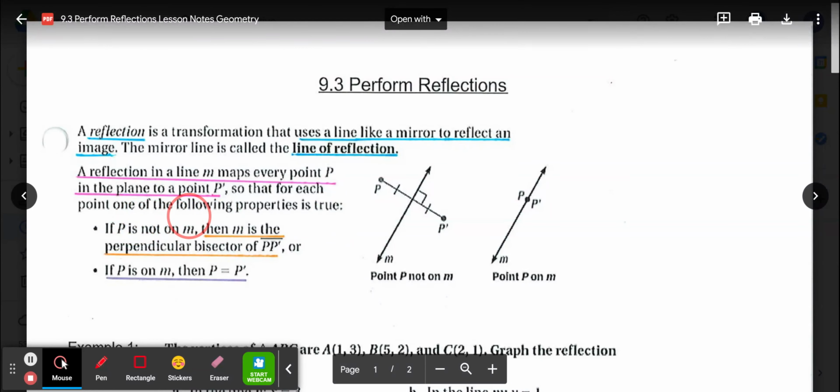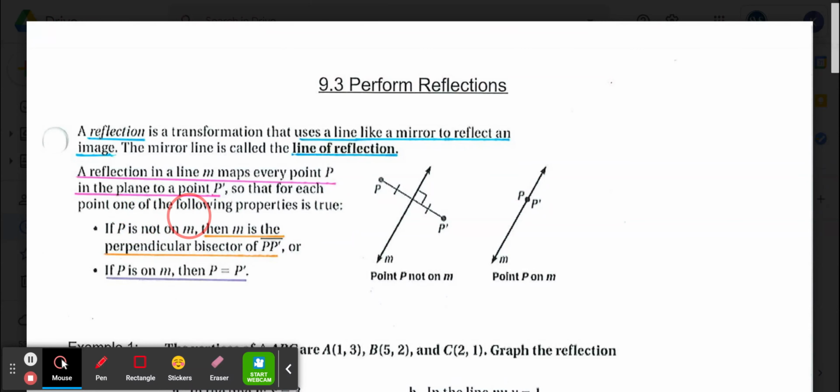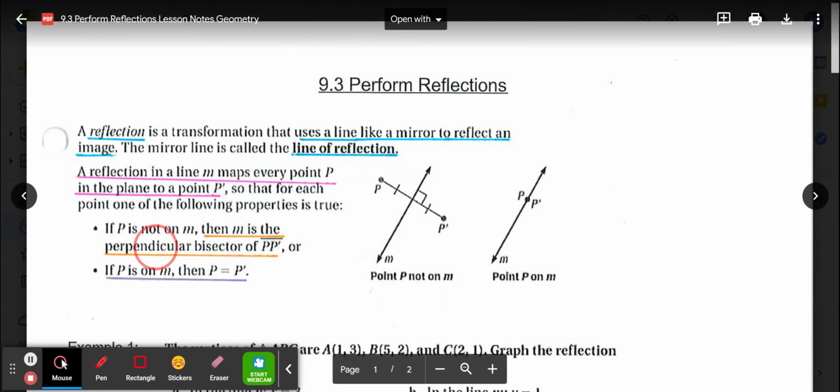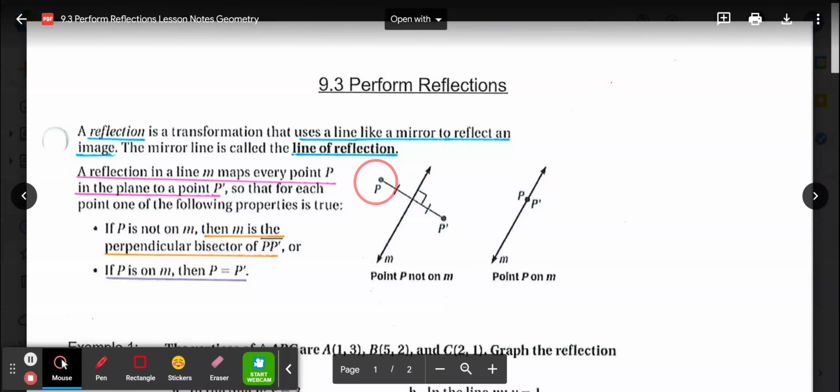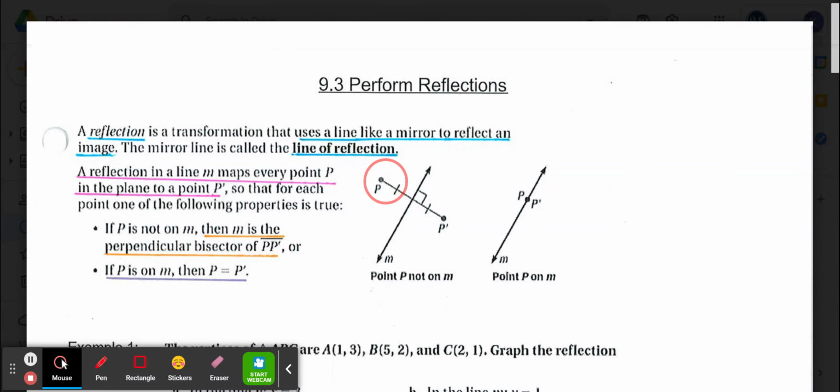If P is not on our line of reflection, then the line of reflection M is the perpendicular bisector of P P prime. Meaning, if original point P was here, we're reflecting over line M from P to that line of reflection, and from the line of reflection to P prime, it has to be the same distance.